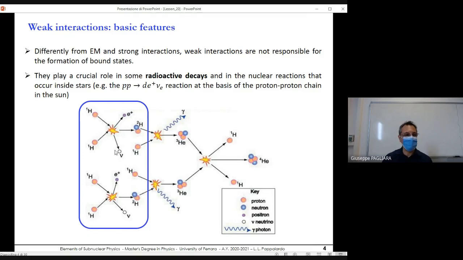Now, the first step of this chain is regulated by the weak interaction. It is where 2 protons merge to provide a deuteron with emission of a positron and a neutrino. So if weak interaction did not exist, then the sun and the universe would not exist as we know it.